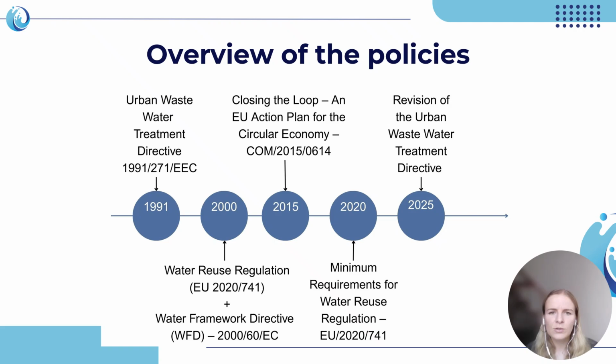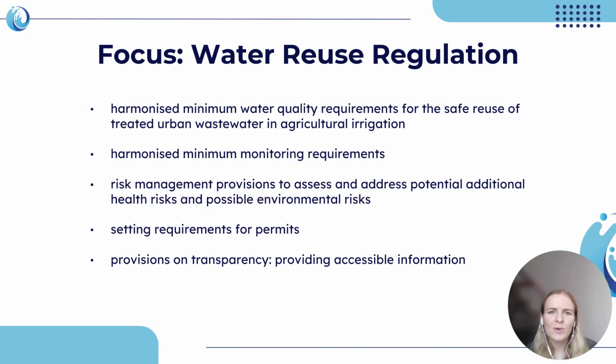Next, we take a closer look at the water reuse regulation and what it includes. One thing is that it has harmonized minimum water quality requirements for the safe reuse of treated urban wastewater in agricultural irrigation.